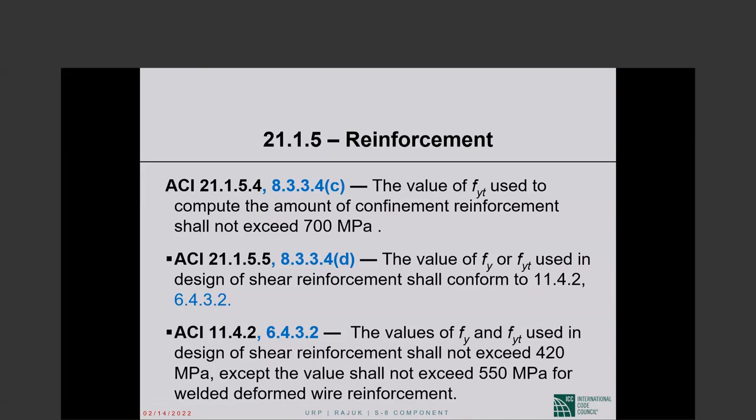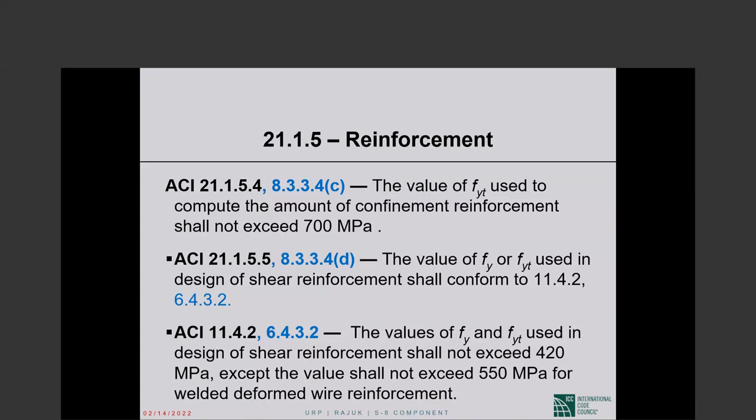It shall not exceed 700 MPa. When you use the same reinforcement as shear reinforcement, then you cannot utilize a yield strength of more than 420 MPa, because if you do, you'll be looking at wide shear cracking, which is unsightly and can be dangerous.